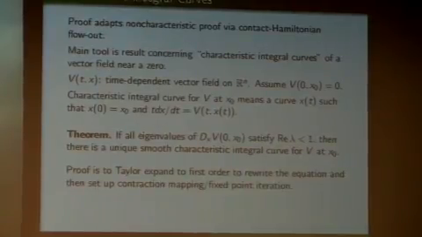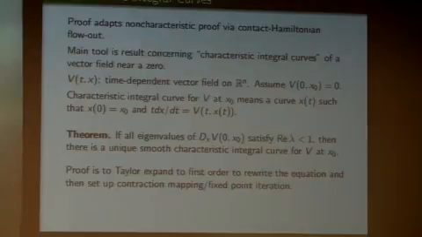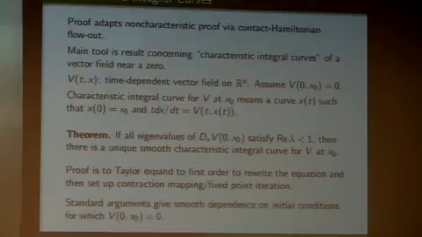And the proof is to first Taylor expand the solution to first order, to rewrite the equation in a nicer way. And then it's just a standard kind of ODE argument. When you make the Taylor expansion, you shift the characteristic exponents by 1. So the real parts of the lambdas all become less than 0, and you can just set up a contraction mapping theorem to prove this.